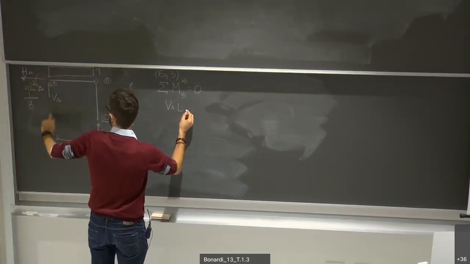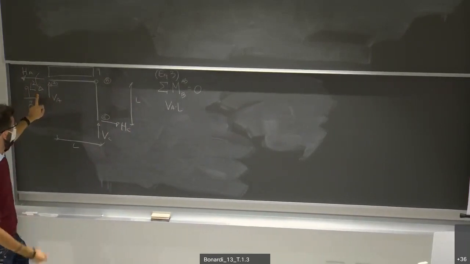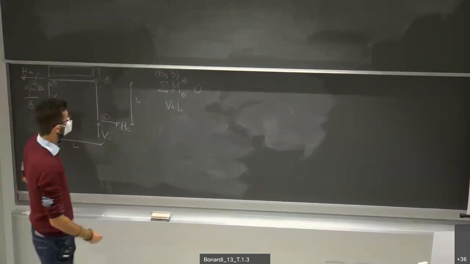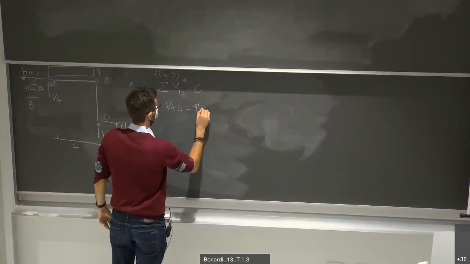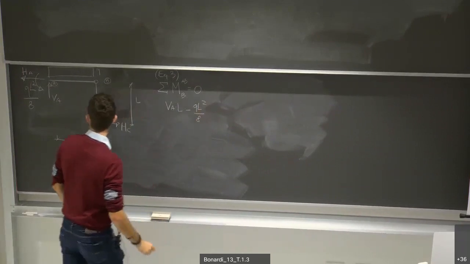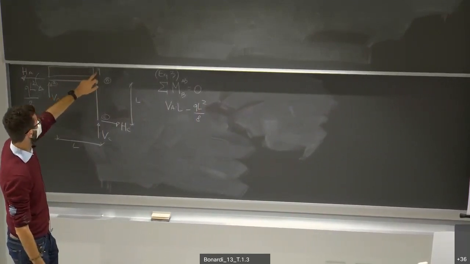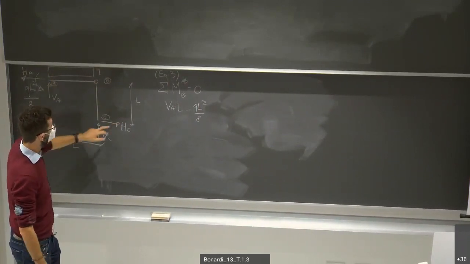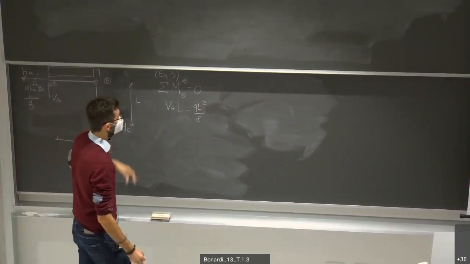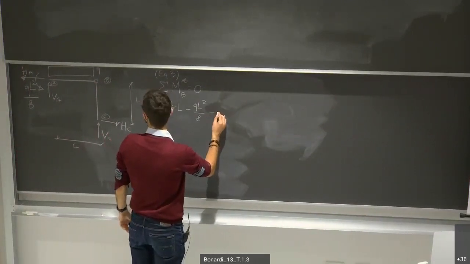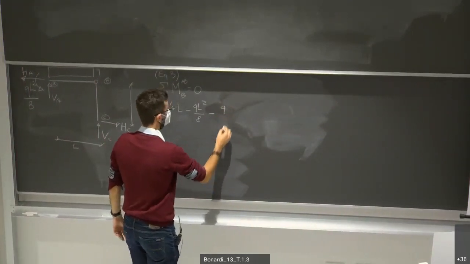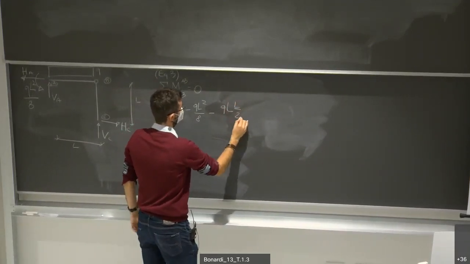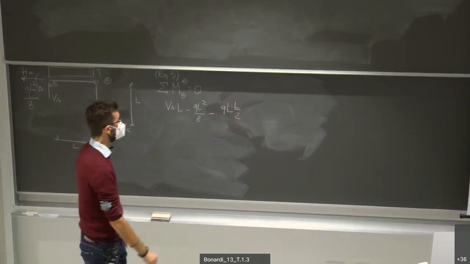Then we have the X1, the former X1 unknown, which is counterclockwise, and it's QL to the power of 2 over 8. And then we have the contribution of Q, which is a force which induces a counterclockwise rotation with respect to the node B. So again, minus, the force is Q times L, and its level arm is L over 2. All this stuff is equal to 0.